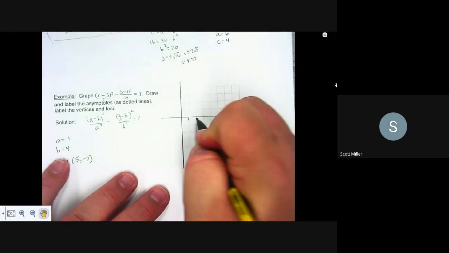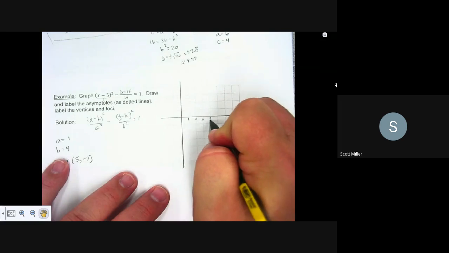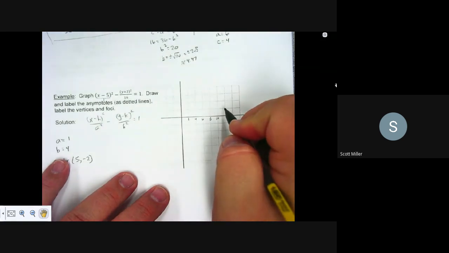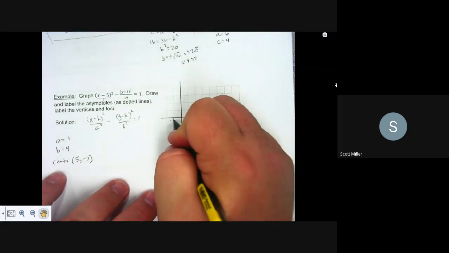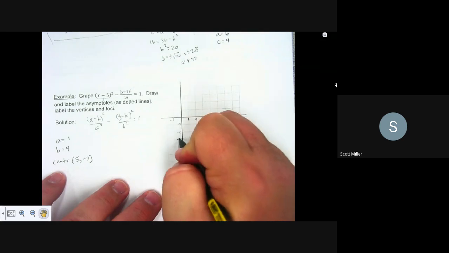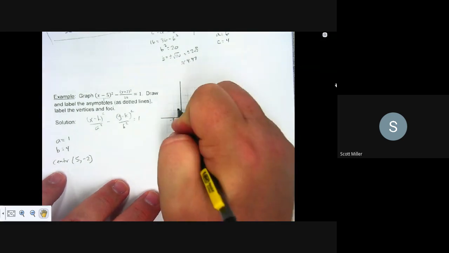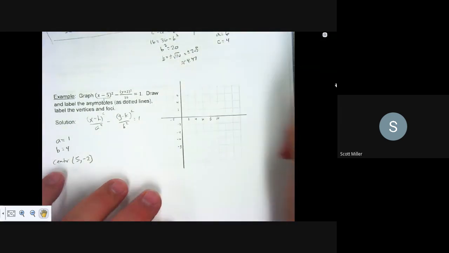And I'm going to have to go by twos again because the numbers are pretty large. So 2, 4, 6, 8, 10, and -2. Okay, so our center is at 5, -2. So 5, -2 right there.